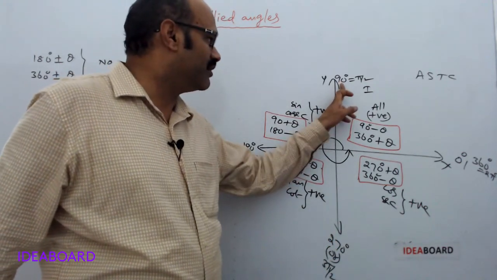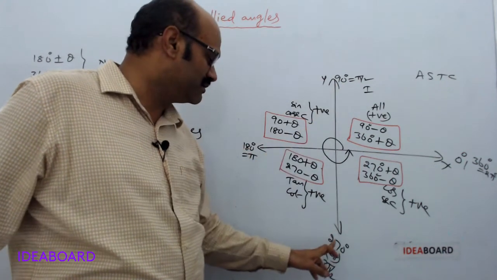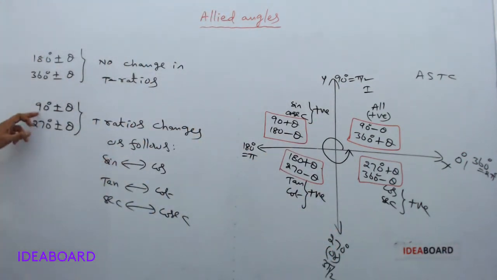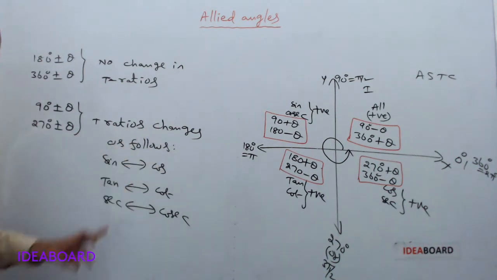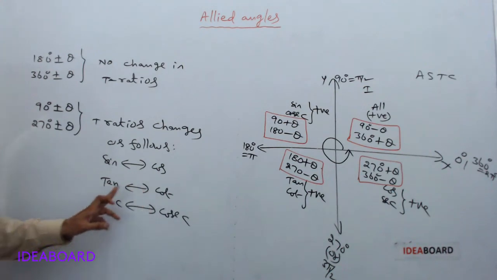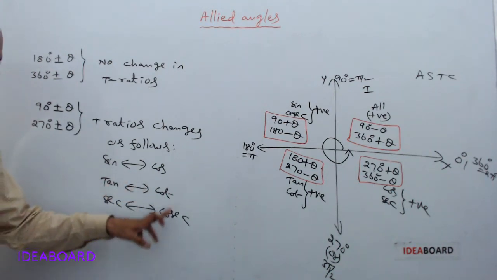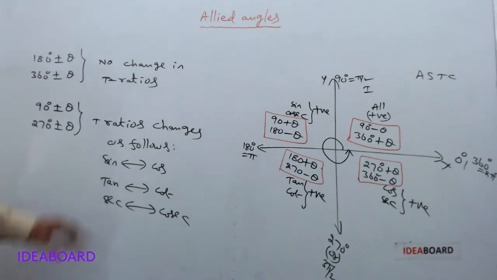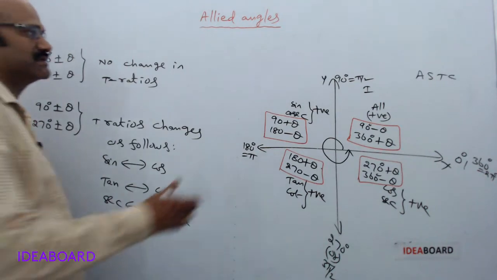So wherever you have 90 degrees plus or minus theta, 270 degrees plus or minus theta, the trigonometric ratios change. Sin to cos, cos to sin, tan to cot, cot to tan, secant to cosecant, cosecant to secant. Now we discuss some problems based on this.